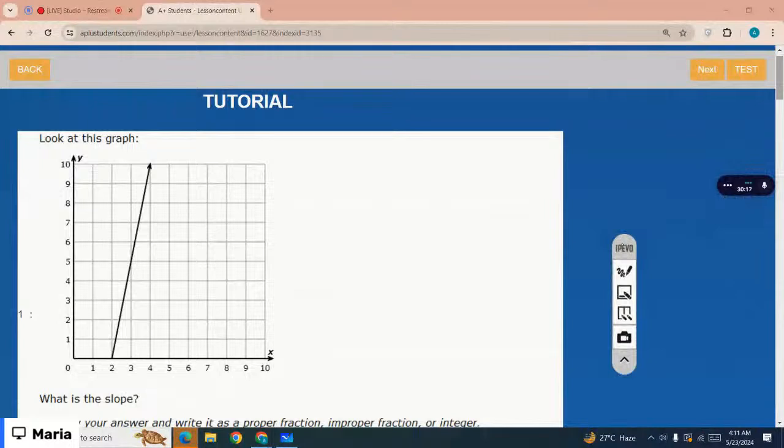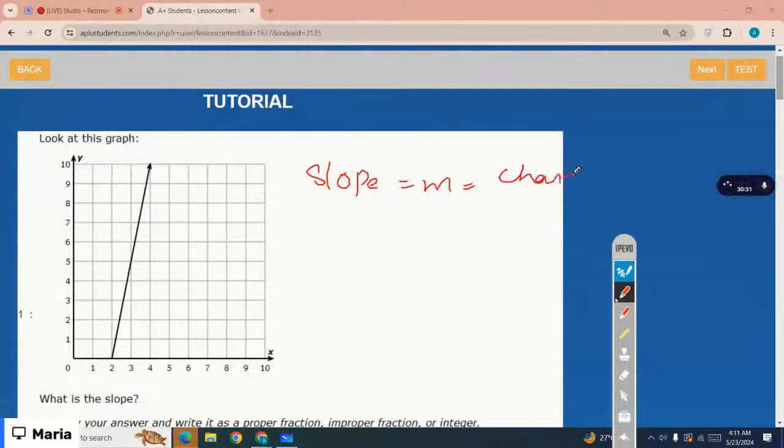The slope, we can represent it by m, that is change in y divided by change in x. That is y2 minus y1 divided by x2 minus x1, right? So that is y2 minus y1 divided by x2 minus x1.